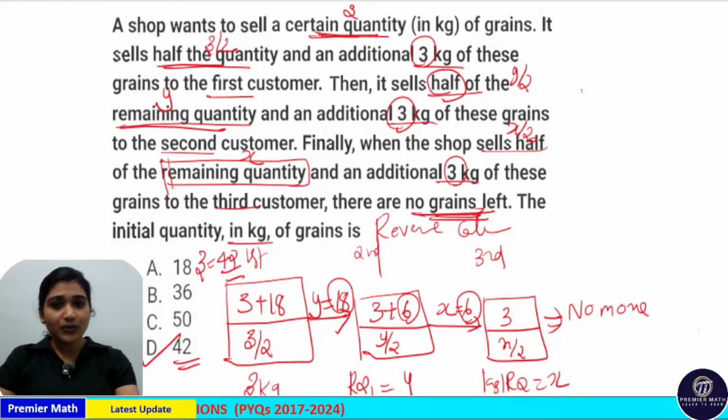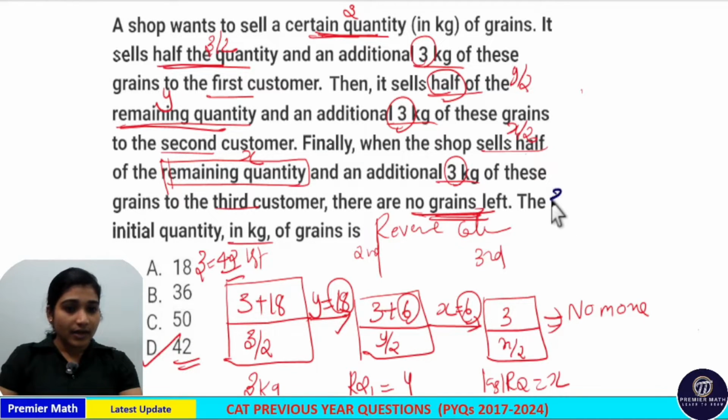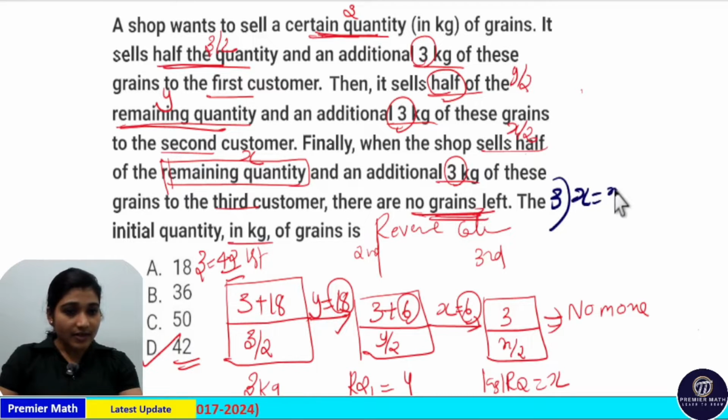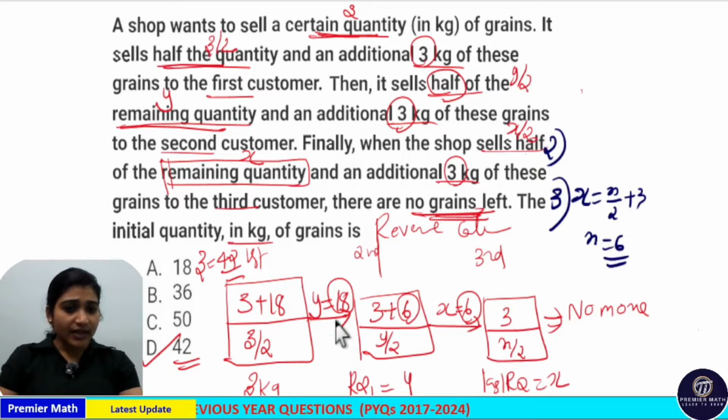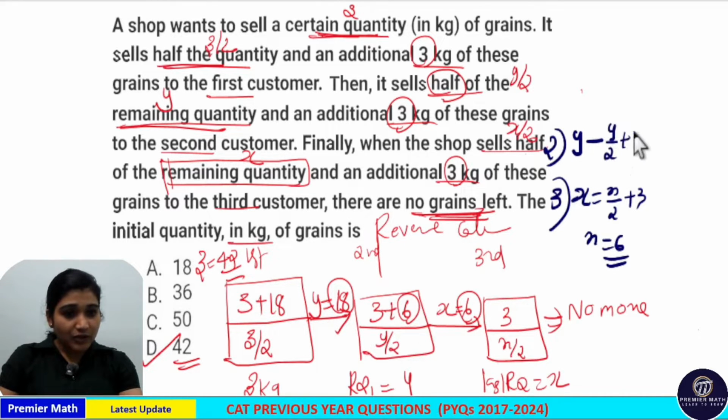Here also you can write it as, in the third transaction, x represents x by 2 plus 3, means x is equal to 6 kilogram. Now in the second process, he is transferring y by 2 plus 3 to the second customer. So y minus y by 2 plus 3.